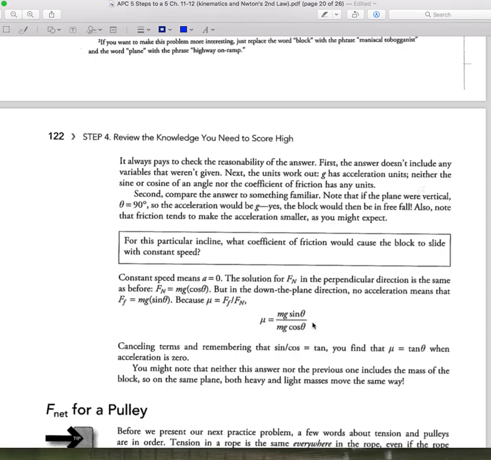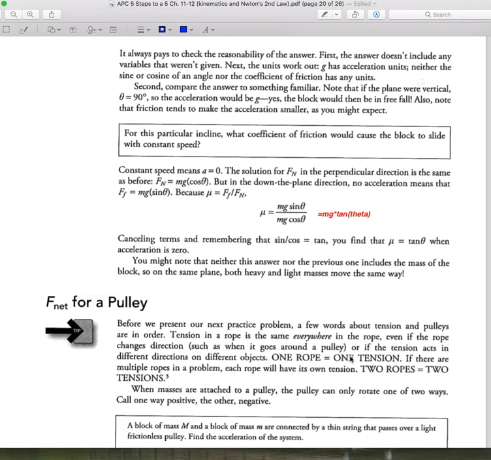Notice that mg cancels out, and what that equals is tan theta, because I do not know how to do an angle here. Okay, so something like that.